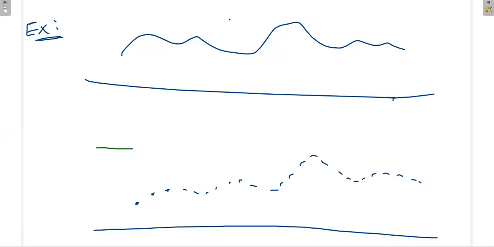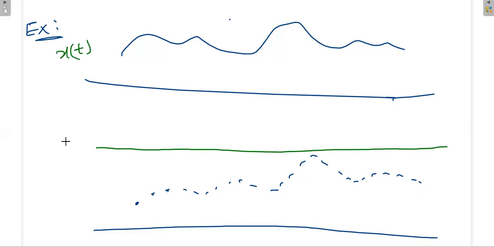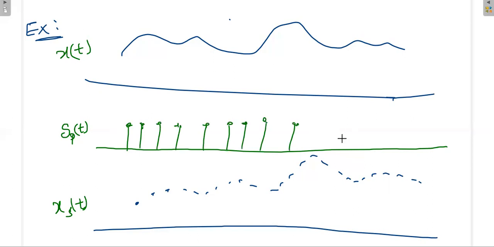Sampling is nothing but this: this is the original signal x(t), and this is the pulse train, which I will denote δ_PT. Then this is the sampled signal xs(t). If you multiply your original signal with the pulse train, you will get the sampled signal.